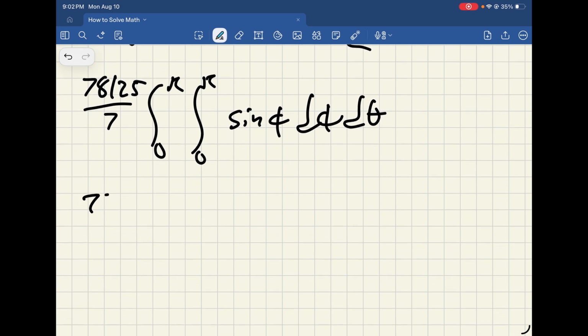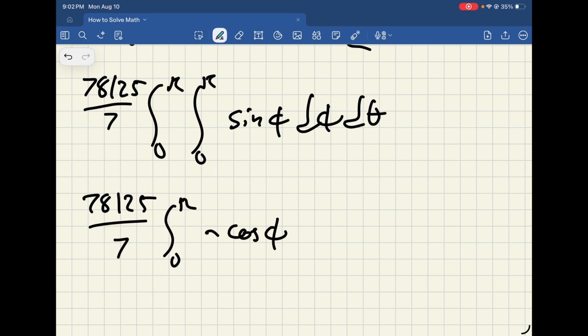The antiderivative of that will be 0 to pi of negative cos phi from 0 to pi d theta. Now plugging in pi into cos, that's going to give us -1, and plugging in 0 into cos is going to give us 1.